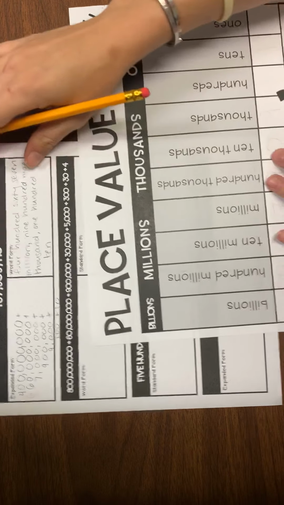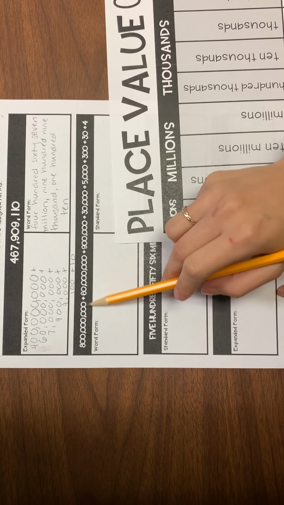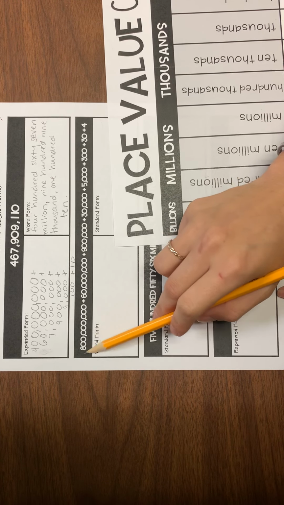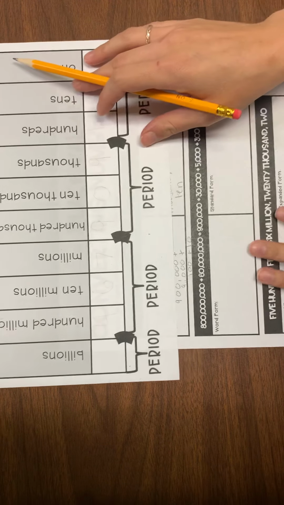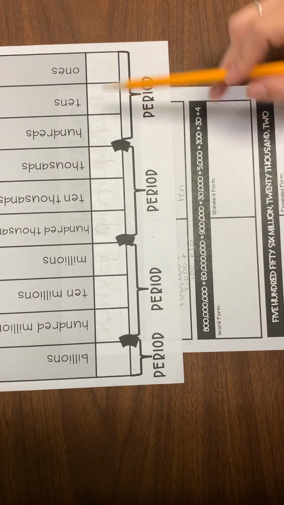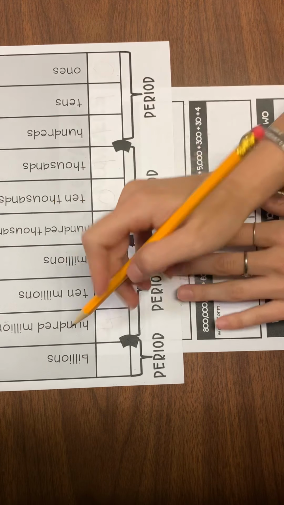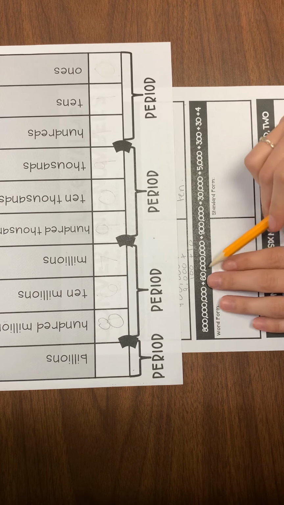Let's look here. You can even start with this. This is the hundreds, thousands, millions. If we're looking at our place value, we have hundreds, thousands, millions. We have an 8 in the hundred millions place.